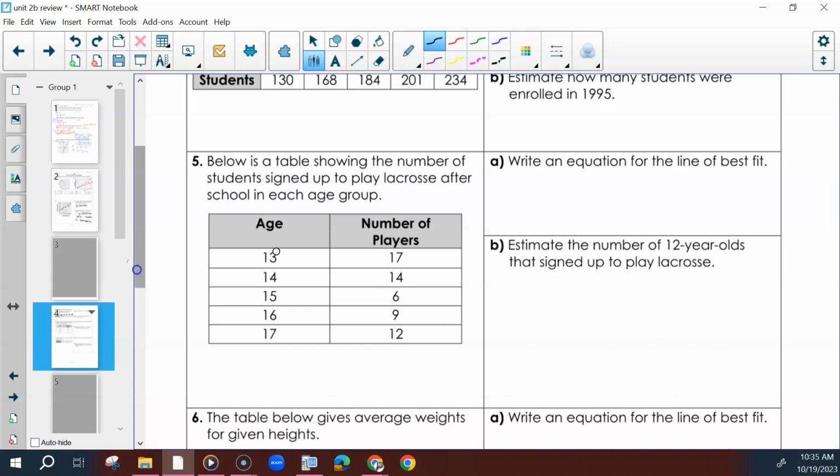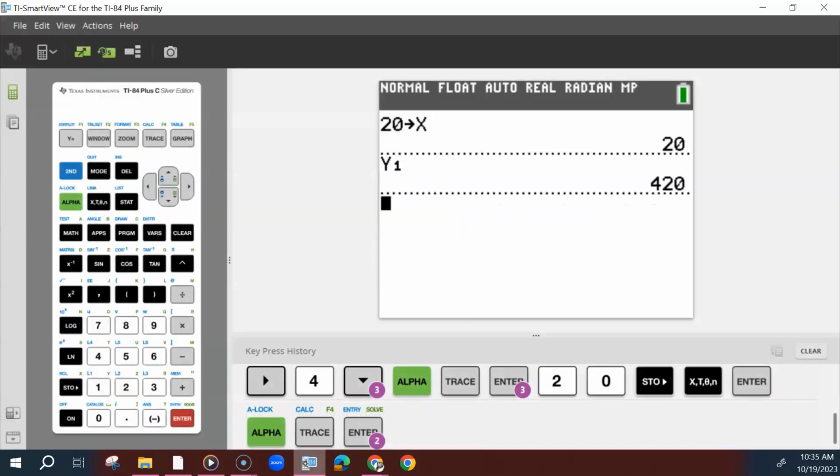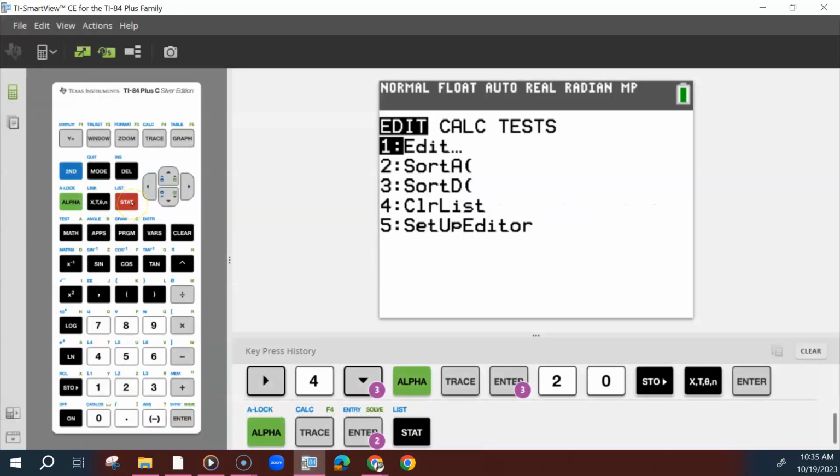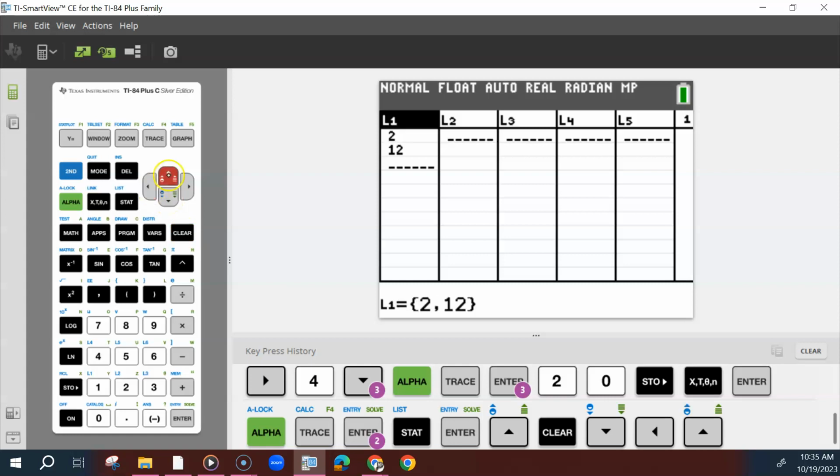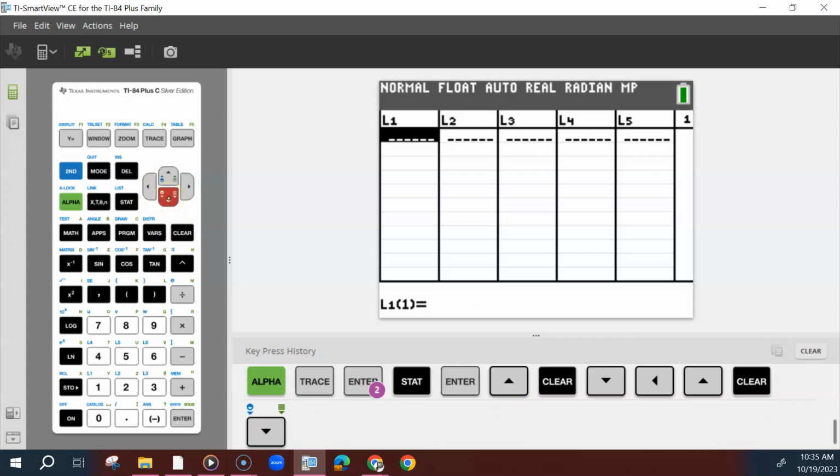Opposite. Number of players would depend on the age. So this is going to be your y, and this is going to be your x. So we're going to go back to stat, go back into edit, go up to the top, hit clear, and scroll down. Do that for both. And then you can put in your data points.